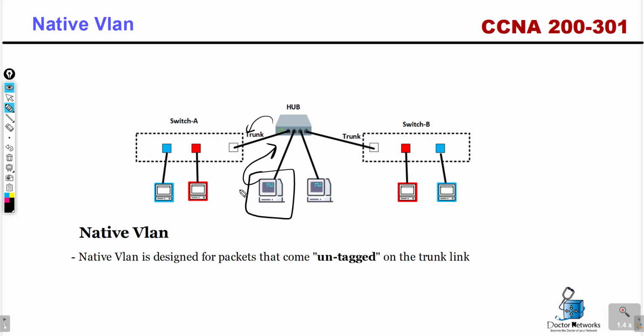So maybe I want these guys to be a part of VLAN 10. I'll say the blue VLAN is VLAN 10. So what do I do? I configure the native VLAN right here on the trunk to be VLAN 10. Now, as the broadcast comes in, the switch will tag it internally in VLAN 10, which is the blue VLAN, and forward that broadcast out VLAN 10 ports.